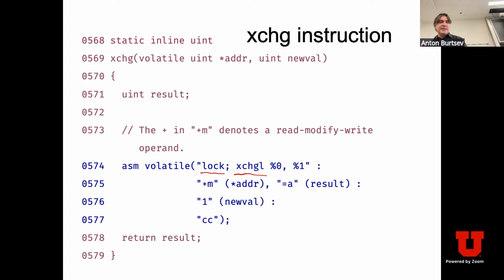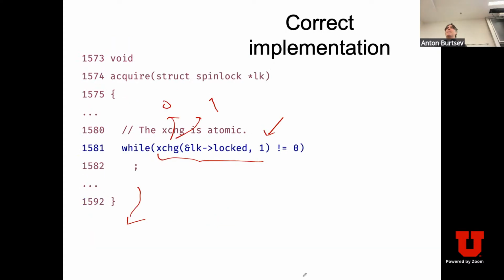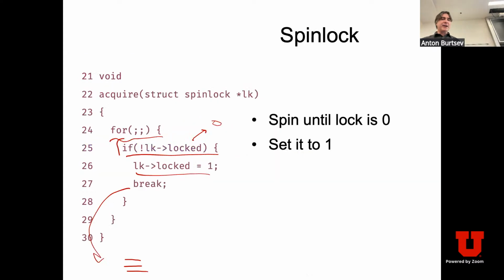Does it make sense? Does everyone understand why it works? What we achieved is that before, the check and update were not atomic. There were two different instructions, and that's why we were losing atomicity.